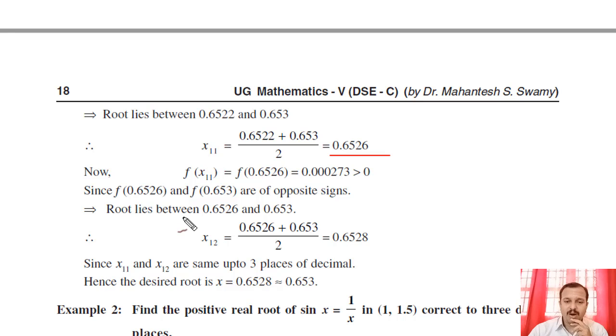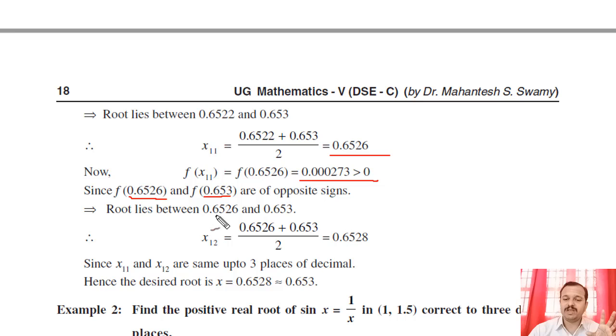Now the value of f at this point we have to find out. That is again positive. We see that the value of f at this point and the value of f at the previous point, that was 0.653, which was in the previous iteration, are of opposite signs. We conclude that the root is lying in between these two, that is 0.6523 and 0.653.